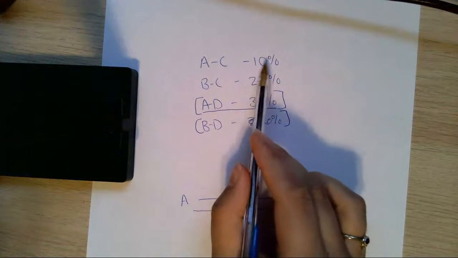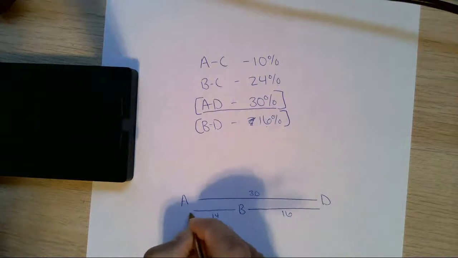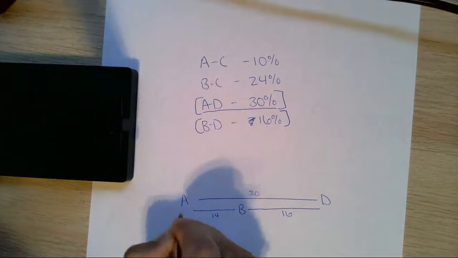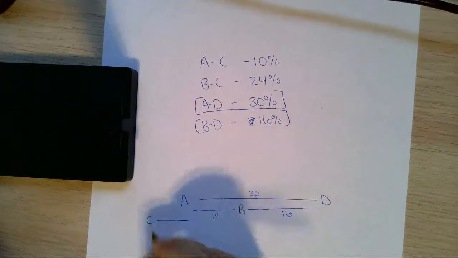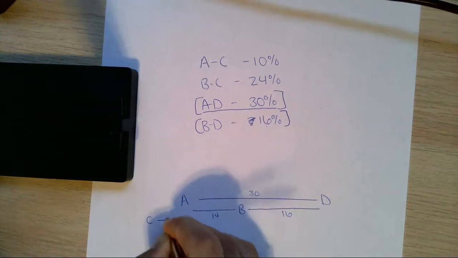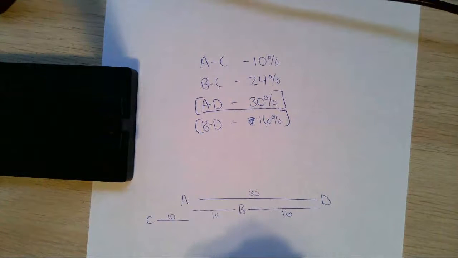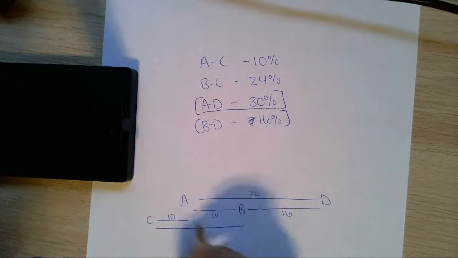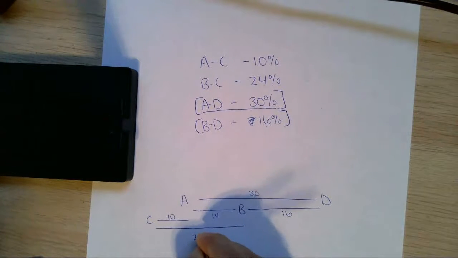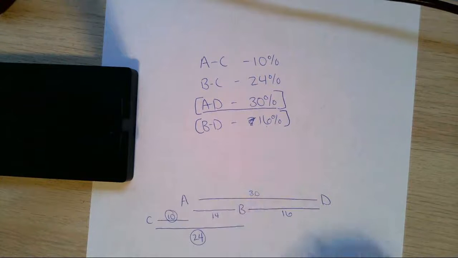So if I do 10% to A and C, right, because this is 10, and I go the other way, that means that this total distance between C and B is 10 plus 14, which is 24. Okay, so now I have my 24, I have my 10, I have my 30, and I have my 16. So I've made all of them.